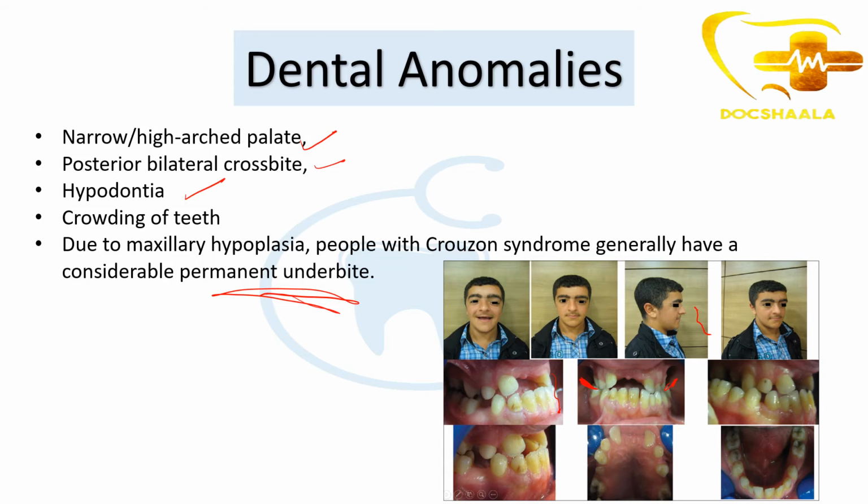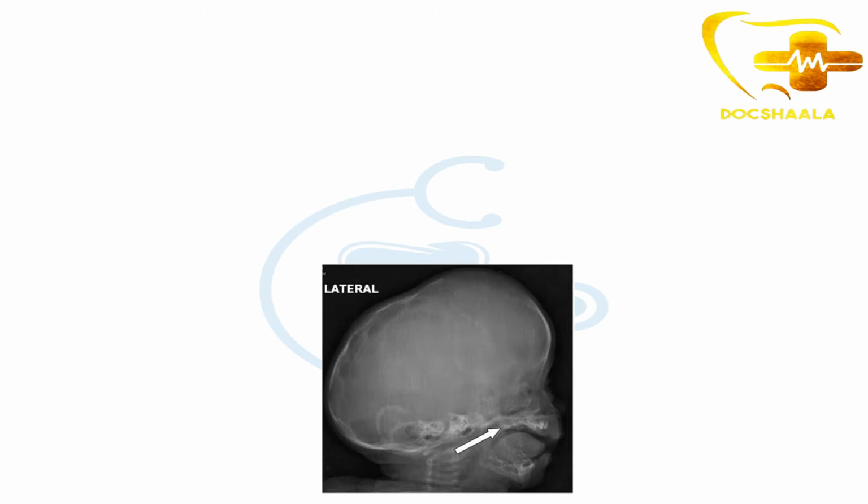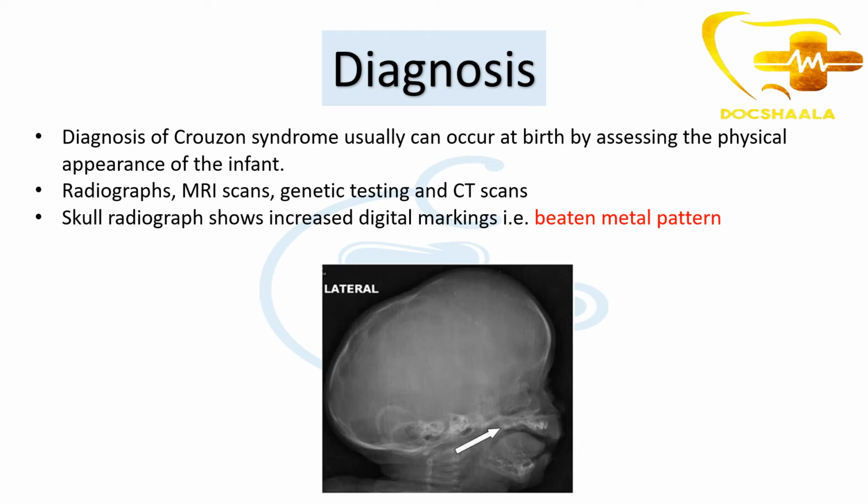Okay. So the diagnosis, you can appreciate a radiographic image here. The diagnosis is based on the radiographic image, and it can usually be assessed at birth because of the physical appearance that the infant shows. Radiographs, MRI scans, genetic testing and CT scans are some of what we use to confirm the diagnosis.